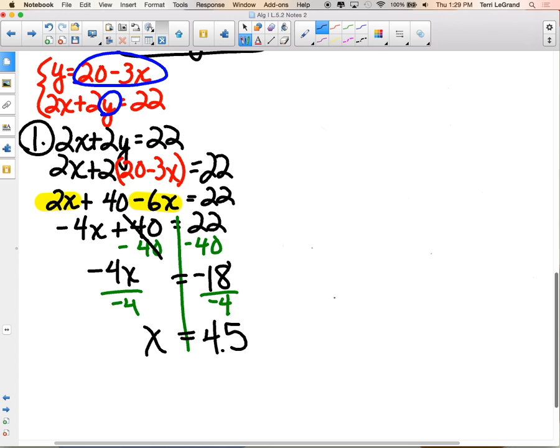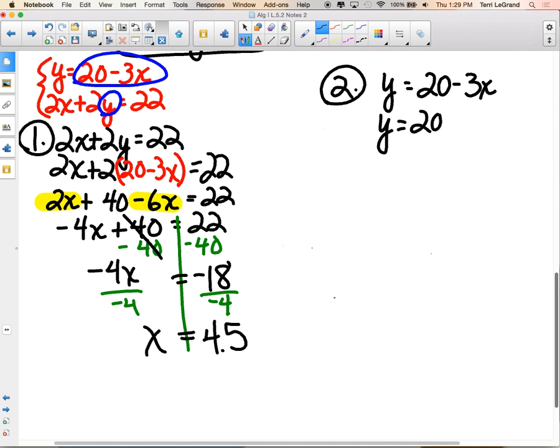So that means then that I can now move on to step 2, which says since you know what x is, why don't you solve for y? Well, we could have that y equals 20 minus 3x. So let's put in our 4.5 for our x.